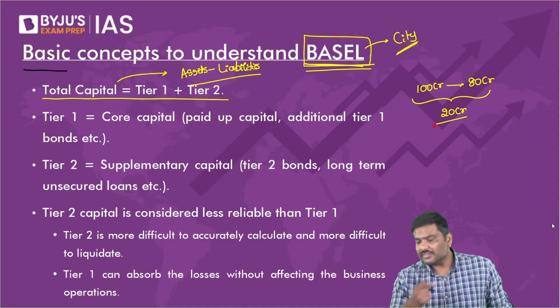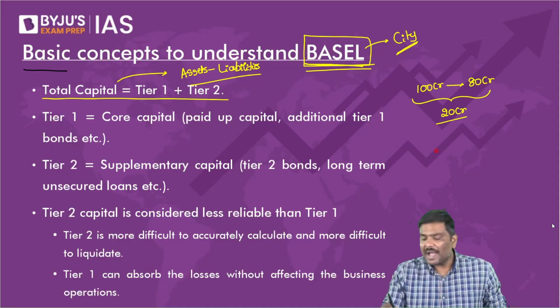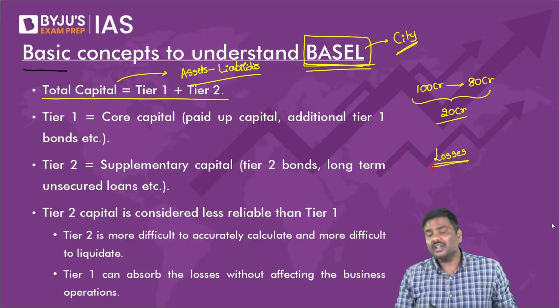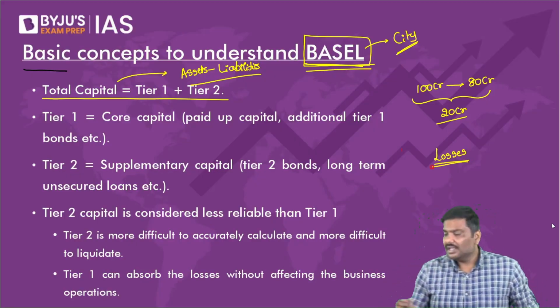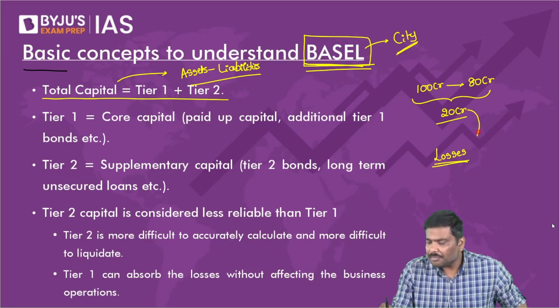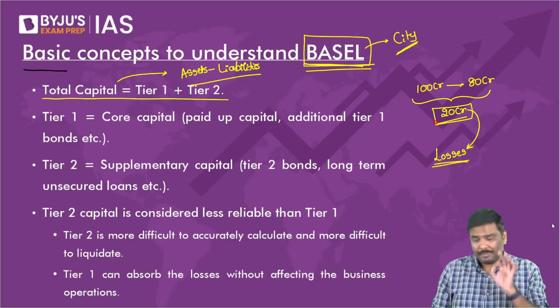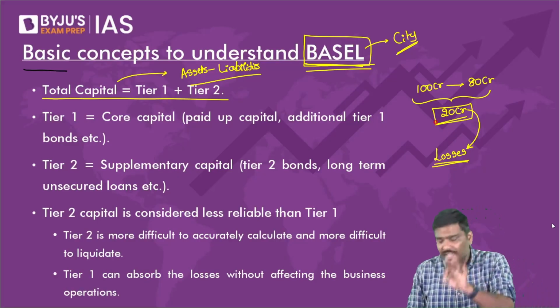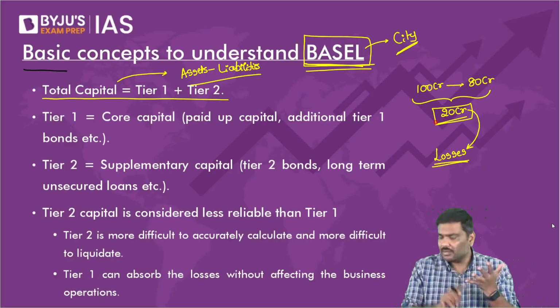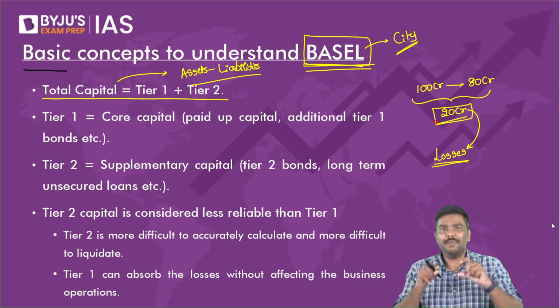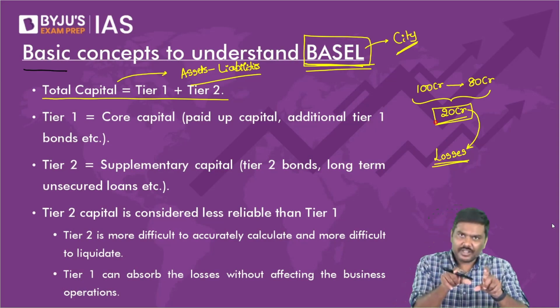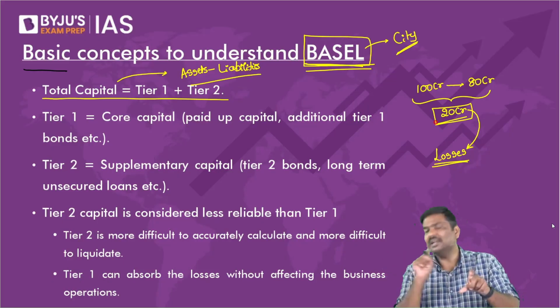Now, what is the use of the capital? What if the bank will incur losses? These losses can be absorbed by this capital of a bank. I'll repeat the statement. Understand this carefully. Point number one, what do you mean by capital of a bank? Capital is basically the difference between assets and liabilities.